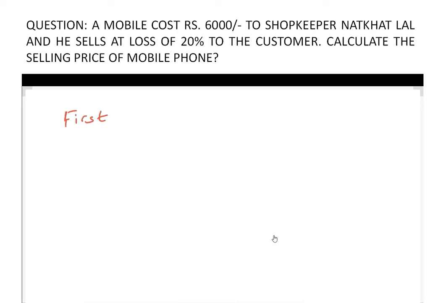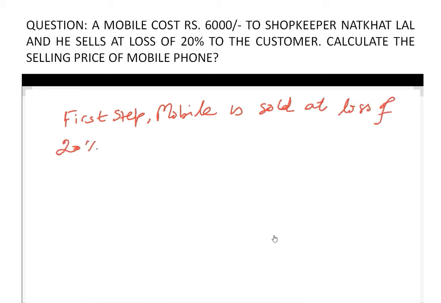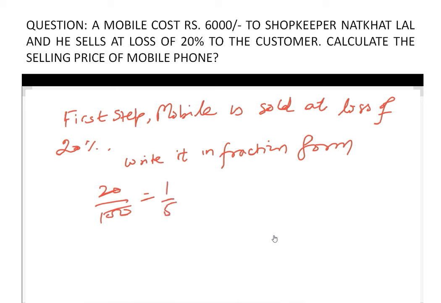So here there is a 20% loss. You write this 20% in fractional form, it will be 1 by 5. That means for an item of 5 rupees, there is a loss of 1 rupee.